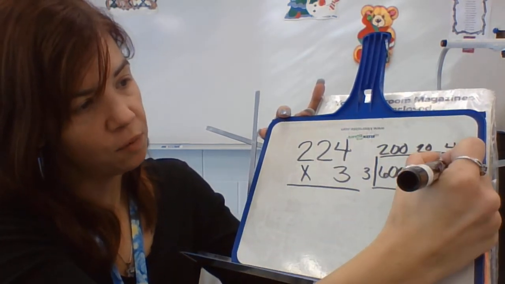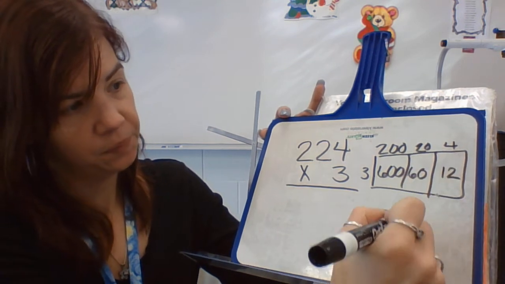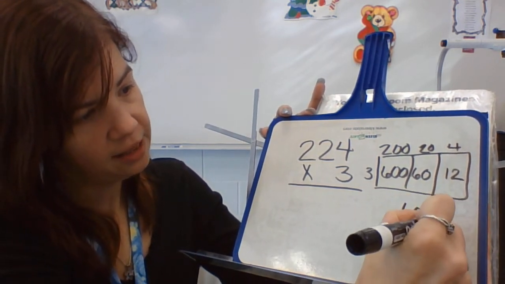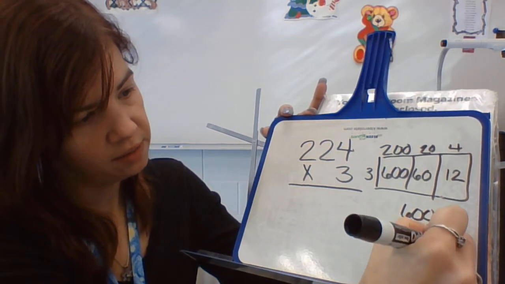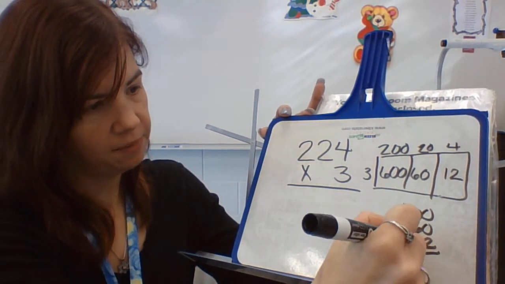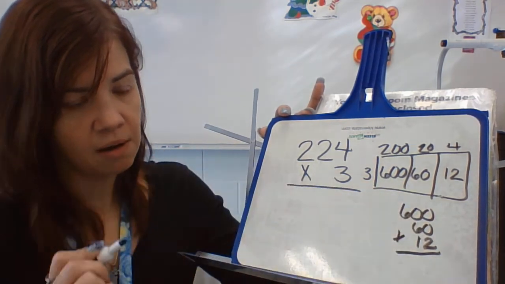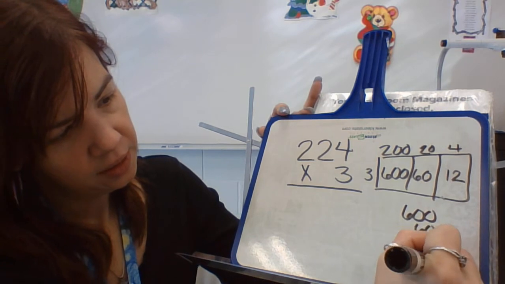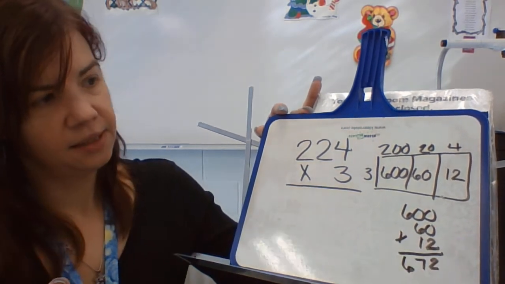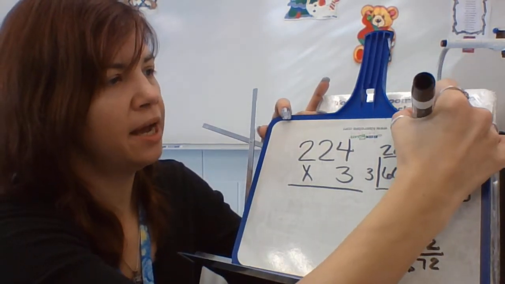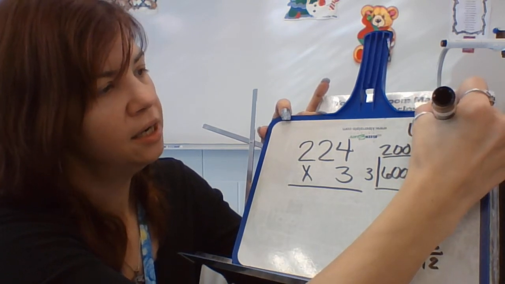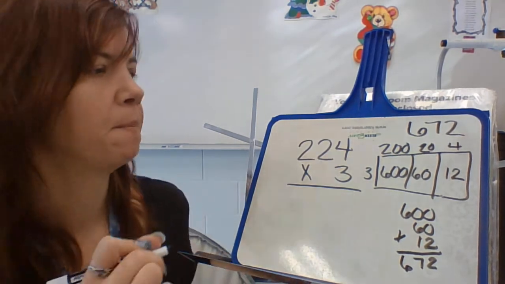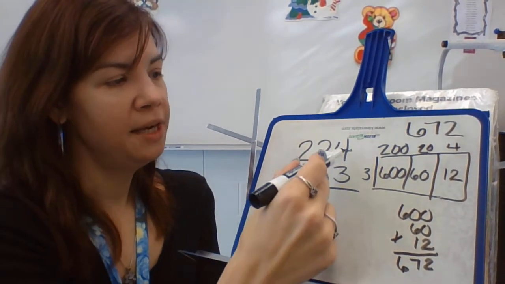And then 3 times 4 is 12. I line them up, making sure my ones is what I've lined up to start with. So there's my ones column. And then I add them up. 2, 7, 6. When I multiply, I should get the answer 672.